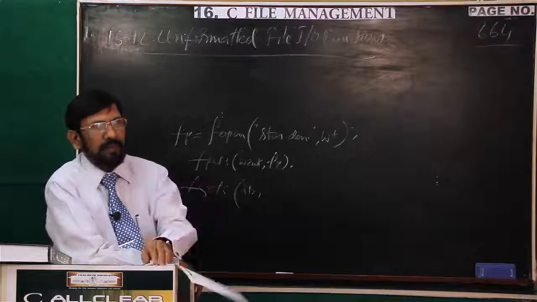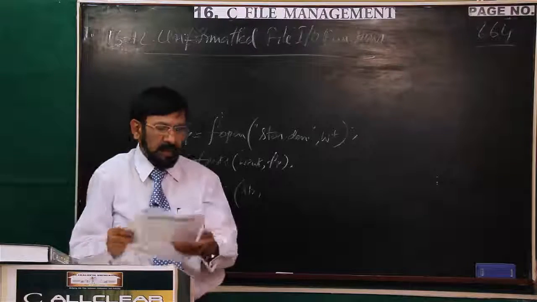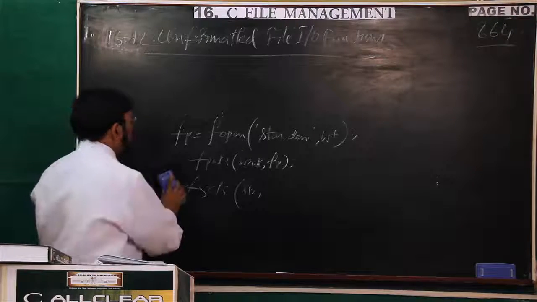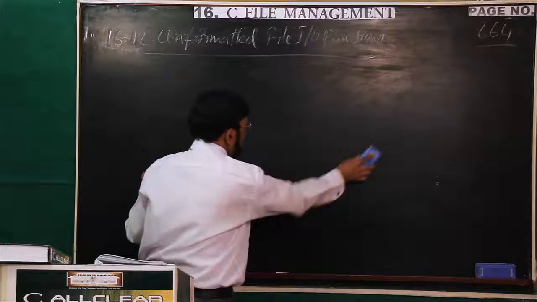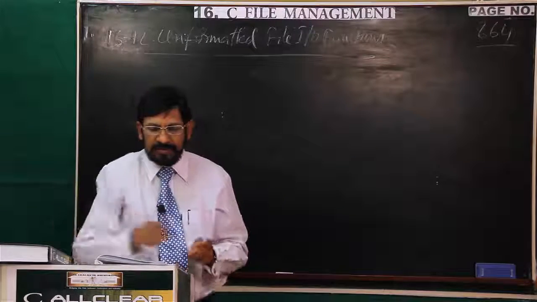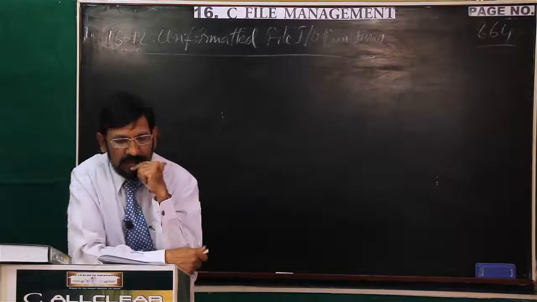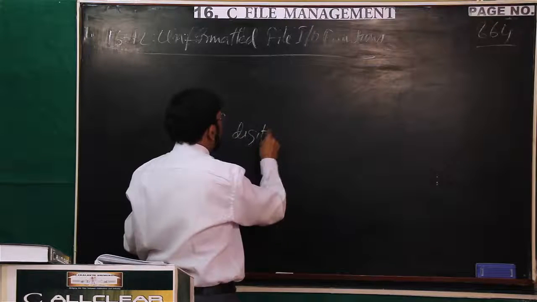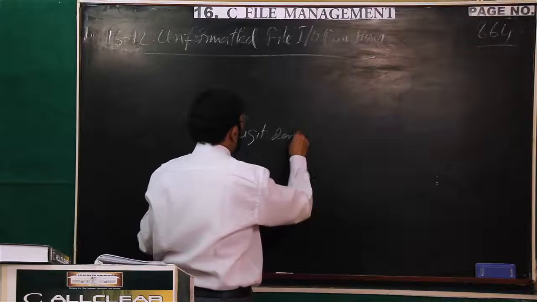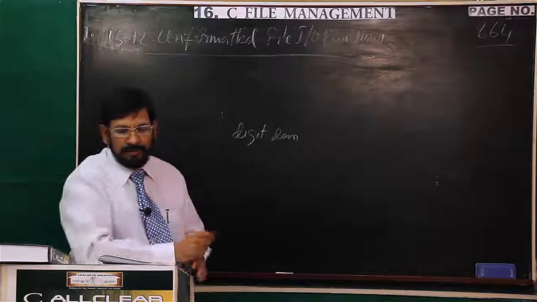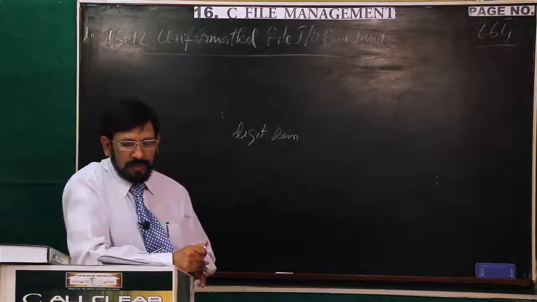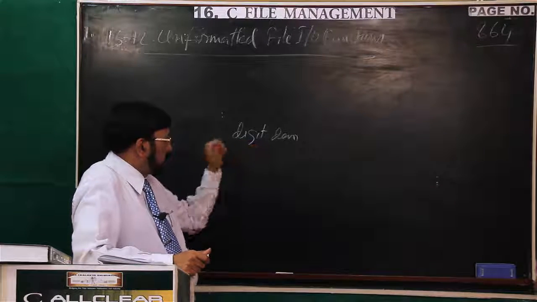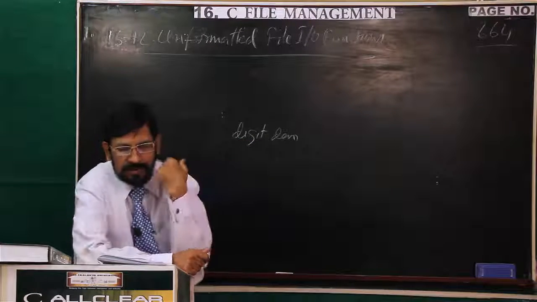Thereafter, writing and reading integer values on a file, that we see in the next program. 16.8. You create a file named digit.dem. In this file, you are going to write numbers, and thereafter you read and display.